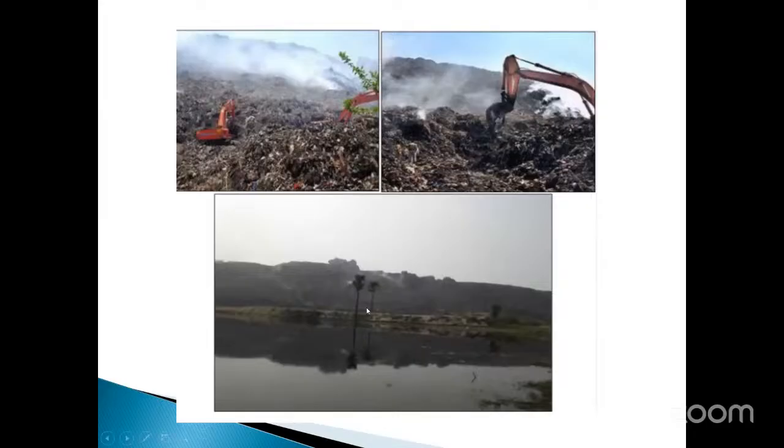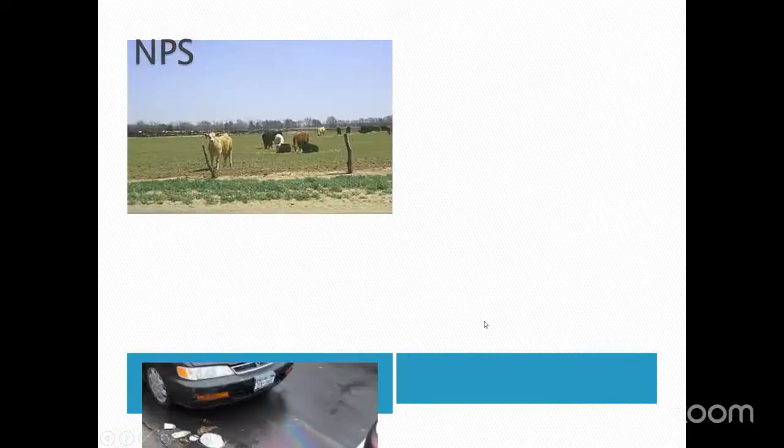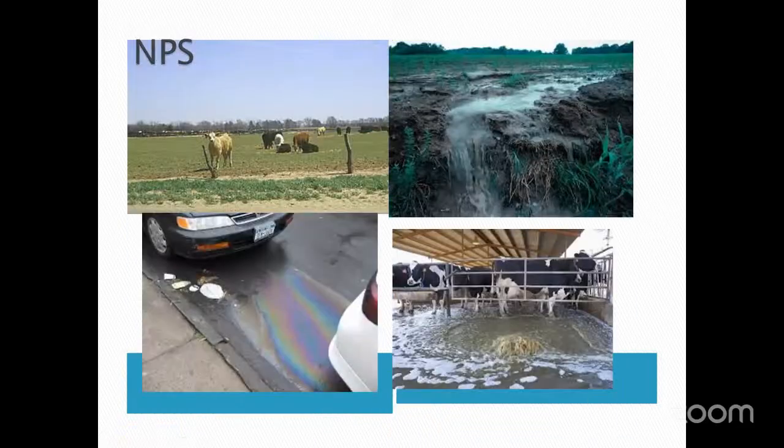And the third picture is a dump yard, Jawaharnagar dump yard in 2012. When rainwater enters into the waste, leachate generates, and some leachate settles at the bottom of this dump yard. It is called the leachate pond, and some infiltrates into the groundwater and causes groundwater pollution. And here you can see the pictures of the non-point source of water pollution.